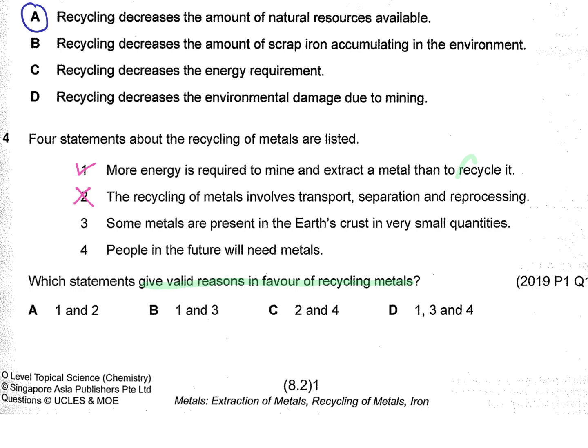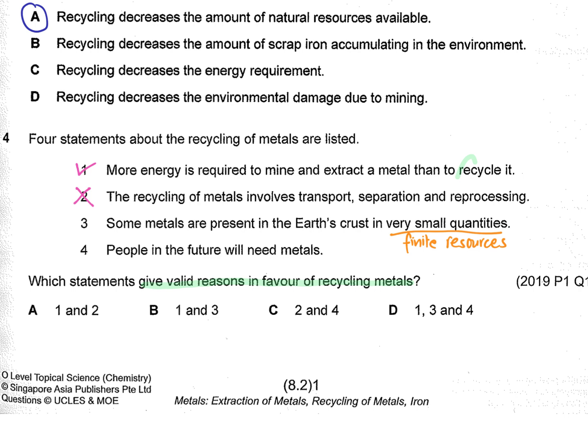Okay, let's look at your statement 3. Some metals are present in the Earth's crust in very small quantity. Okay, so what this tells you is the metal that is left on Earth is in finite quantity. So for those that are finite in quantity, realize that if you don't conserve the use of them by recycling, they will run out eventually, and therefore nobody will be able to use them in the future.